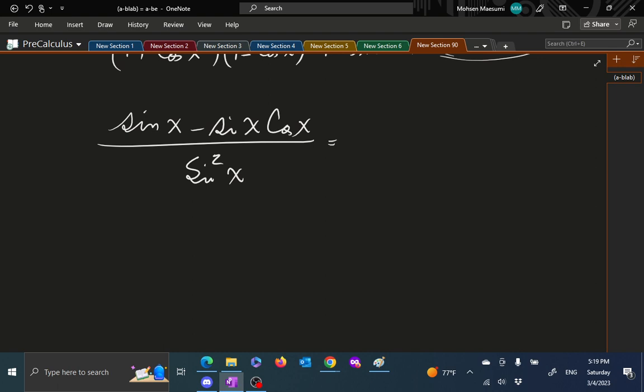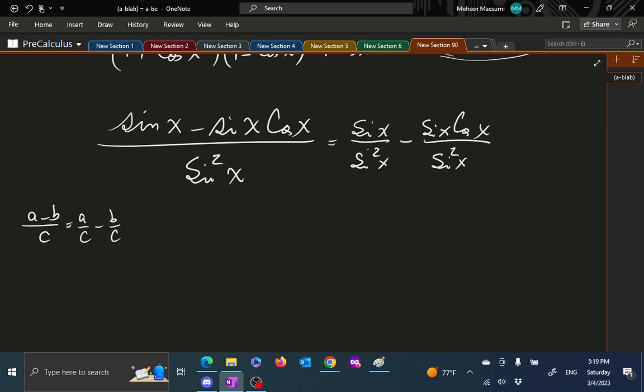I'm going to write this as sine x over sine square of x minus sine x cosine x over sine square of x. It's called fraction decomposition, like the opposite of taking a common denominator. You can split a fraction: if you had a minus b over c, you can write it as a over c minus b over c. That's what we did.